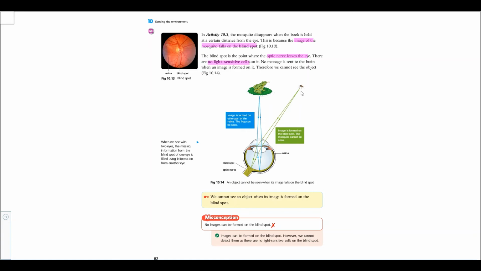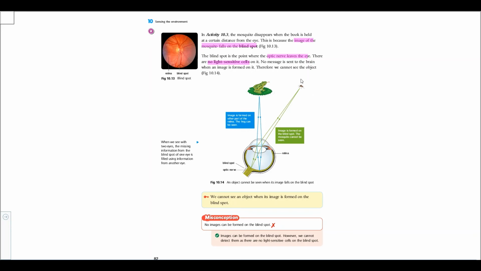So when the light passes through the lens, changes direction and falls onto this point, because there are no cells, you cannot detect anything. The eye will not know that there is light, but actually there is, you just cannot detect it. Because there are no light sensitive cells there, no stimulus is detected, so no message will be sent to the brain, and you cannot know there are objects there.